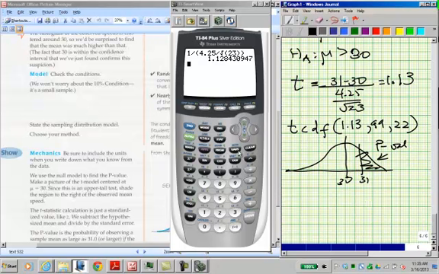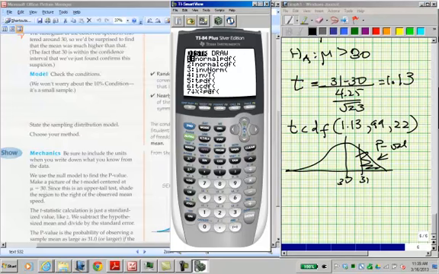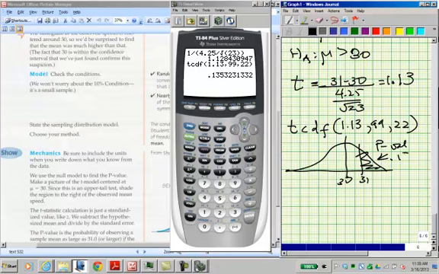So we do second and vars, and here's TCDF, number 6, and we'll put in 1.13, comma, 99, comma, 22, the degrees of freedom, and we get 0.135.